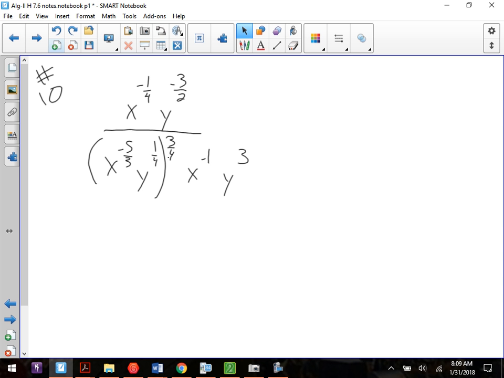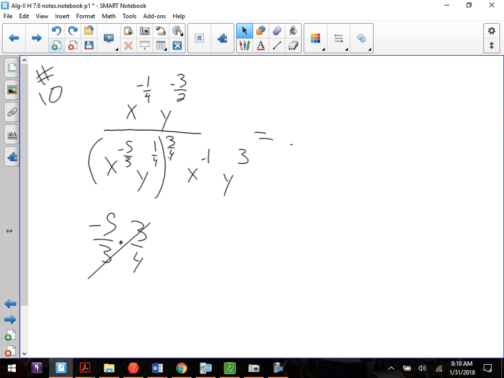So I think in this problem, the easiest thing to do first is to distribute my 3/4 exponent. So 3/4 times negative 5/3 would be negative 5 over 4. Because when you multiply, three drop out, you get negative 15 over 12. Divided by 3, you get negative 5 over 4. Okay.